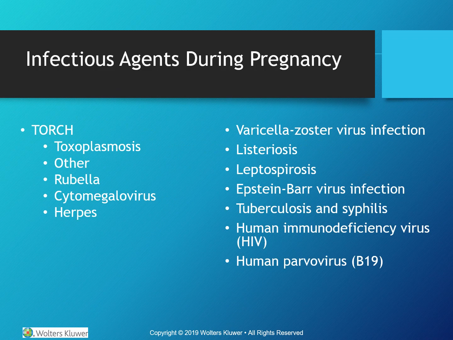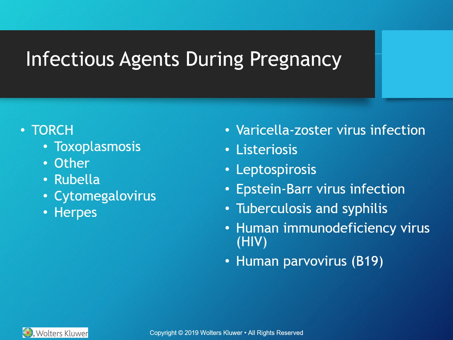Many microorganisms cross the placenta and enter the fetal circulation, often producing multiple malformations. The acronym TORCH stands for toxoplasmosis, other, rubella, cytomegalovirus, and herpes, which are the most frequently implicated in fetal anomalies.